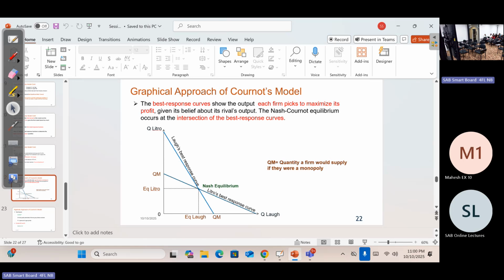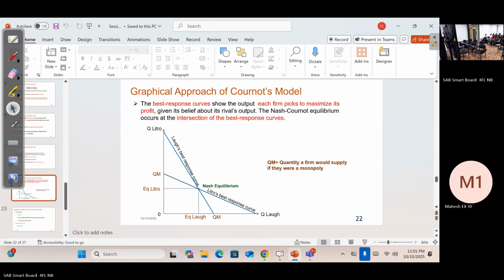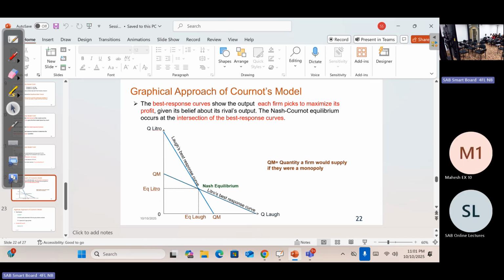If your average cost is here, it is normal profit. This is economic losses. So either they can make profit, losses, or even normal profit in the short run for perfect competition, right?